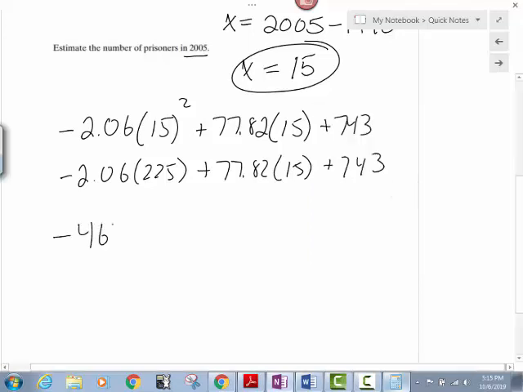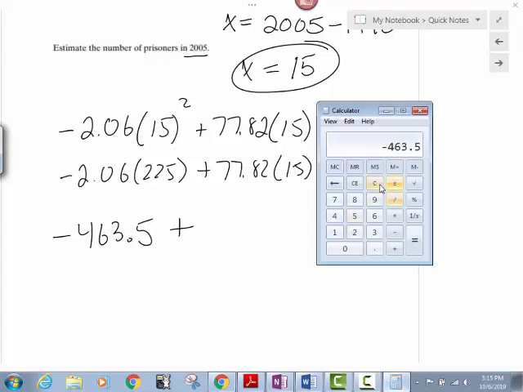Negative 463.5. Okay, plus the next part, we're going to have the number 15 times 77.82, which is 1167.3.